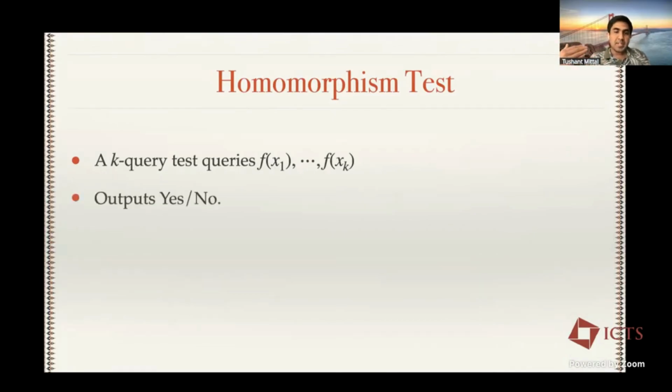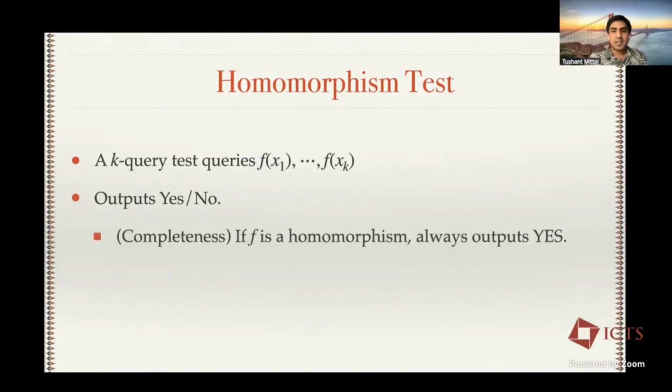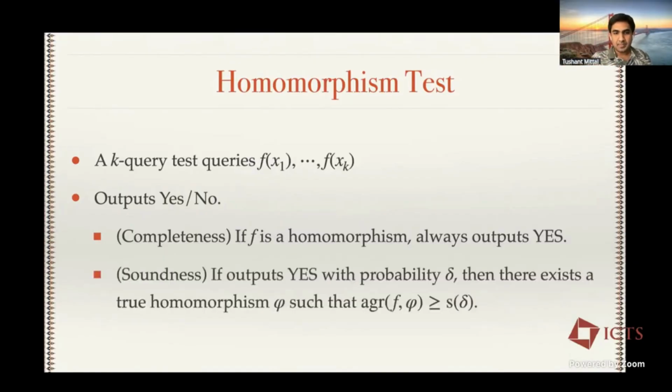And after I receive this, the algorithm has to make a decision as to whether it is a homomorphism or it's not. Okay. And the condition that this algorithm must satisfy is what's called perfect completeness. So if I gave you a genuine homomorphism f, if f was truly a homomorphism, then I must always output yes, no matter what queries I make.